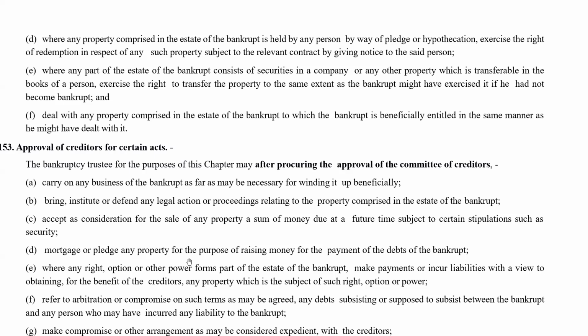Mortgage or pledge any property for the purpose of raising money for the payment of the debts of the bankrupt, where any right, option or other power forms part of the estate of the bankrupt, make payments or incur liabilities with a view to obtaining for the benefit of the creditors any property which is the subject of such right, option or power. Refer to arbitration or compromise on such terms as may be agreed any debts subsisting or supposed to subsist between the bankrupt and any person who may have incurred any liability to the bankrupt.